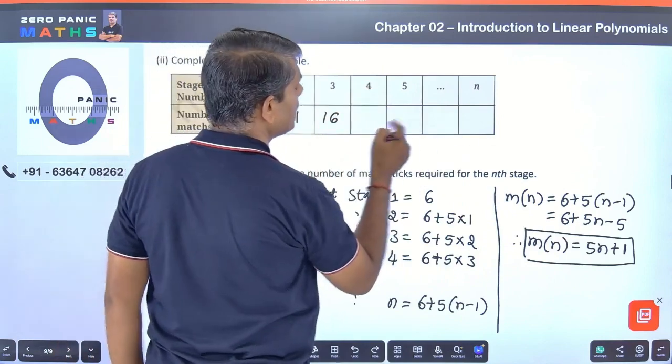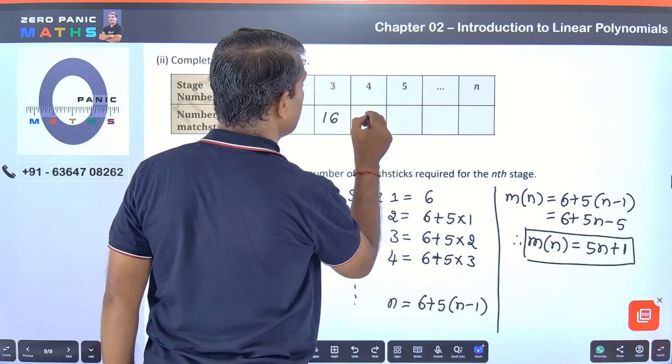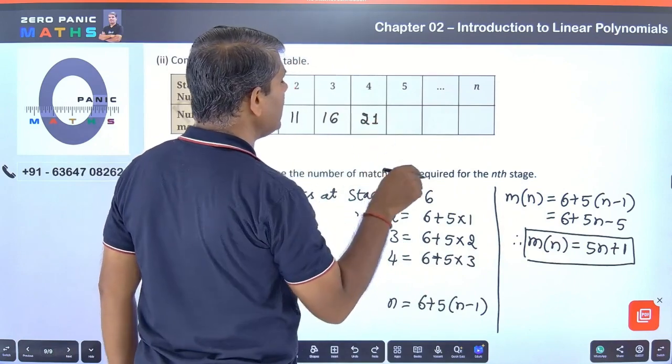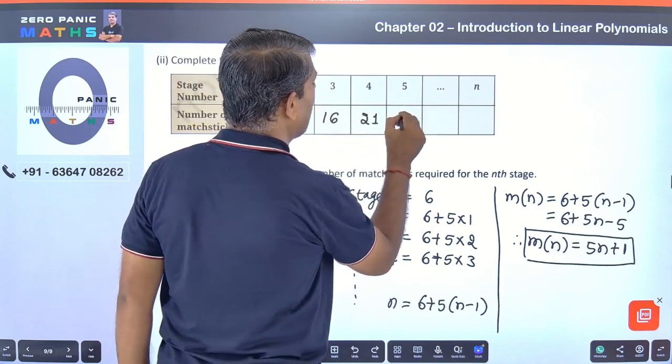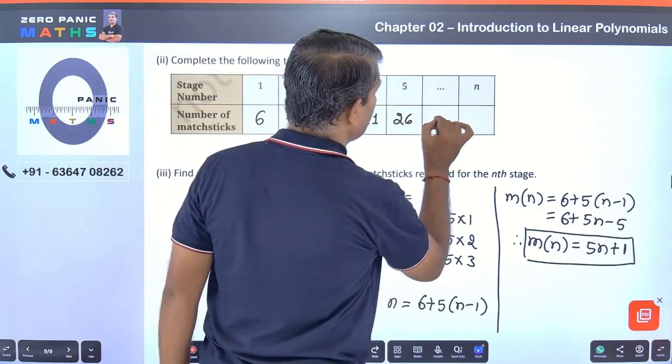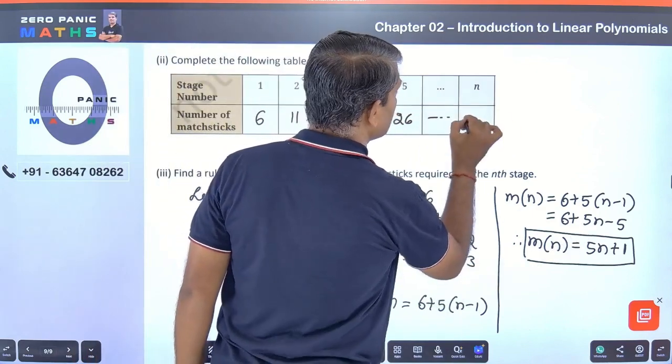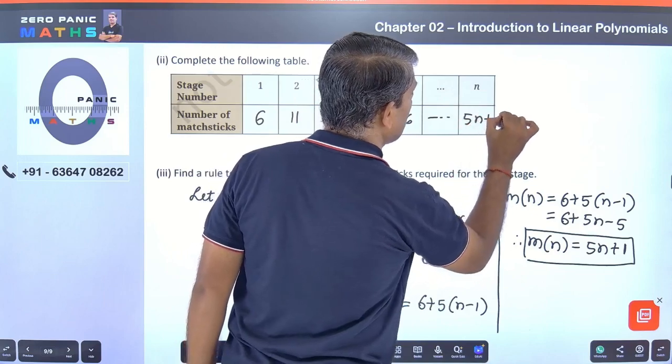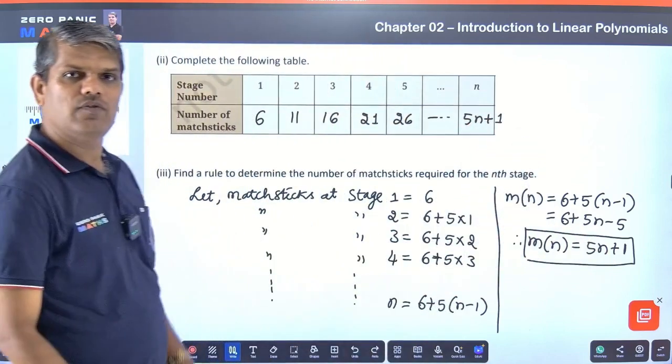For 4, 5 into 4, that is 20 plus 1, 21. So at every stage 5 matchsticks are getting added. That's all. So finally at the nth stage it is 5n plus 1 according to whatever we have found out.